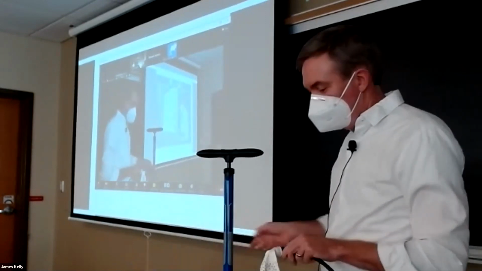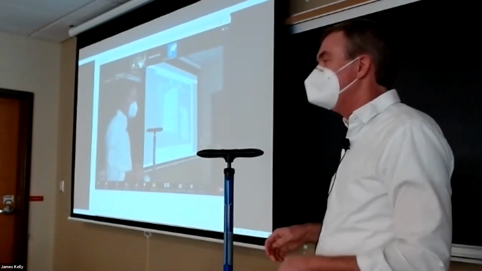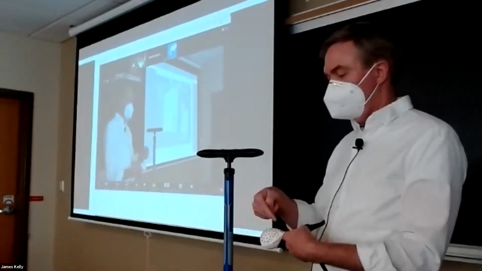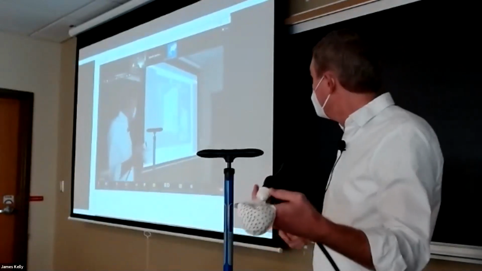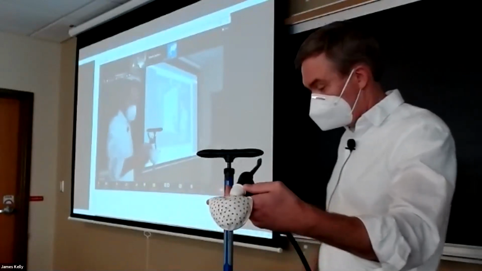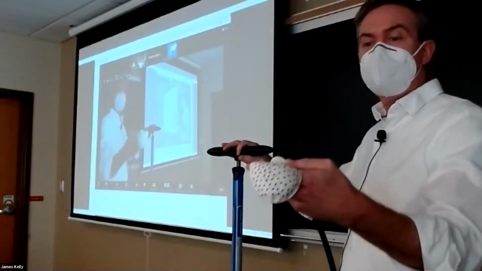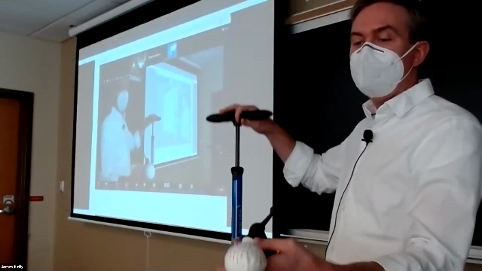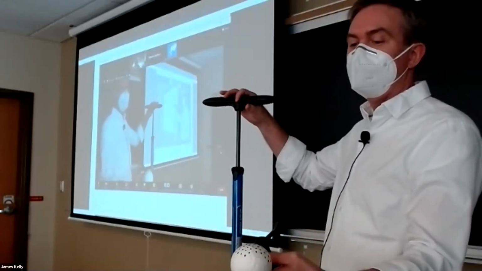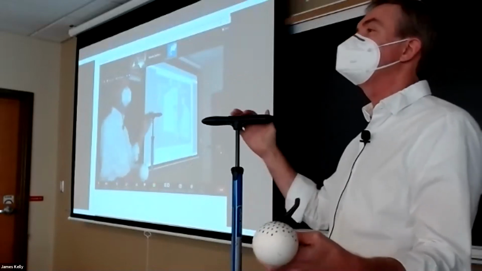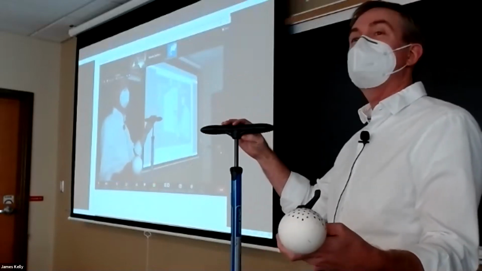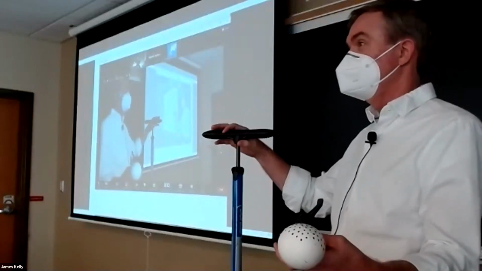And here's a balloon. This balloon's going to be our universe, and these little dots on it are going to be galaxies. I'm trying to hold it close enough that people on Zoom can see. The idea with an expanding universe is that this white balloon is space, and space can actually expand as time goes on, right?